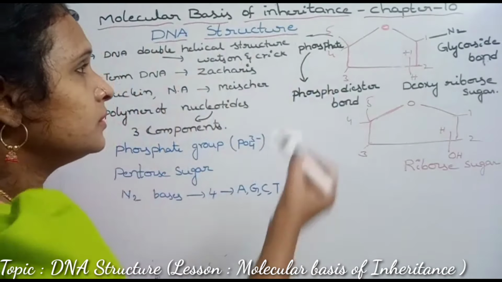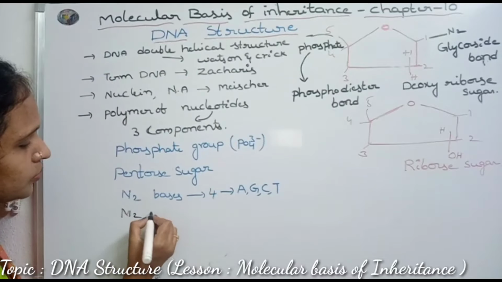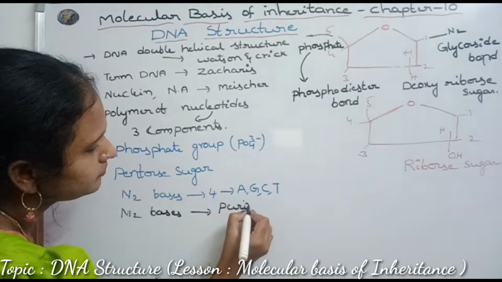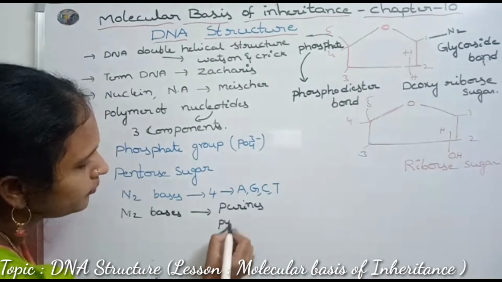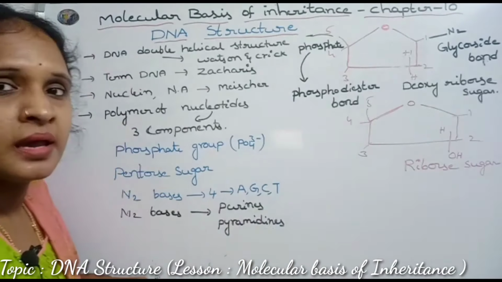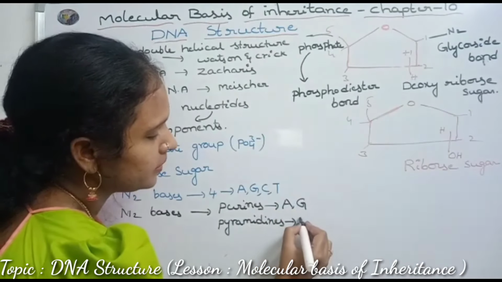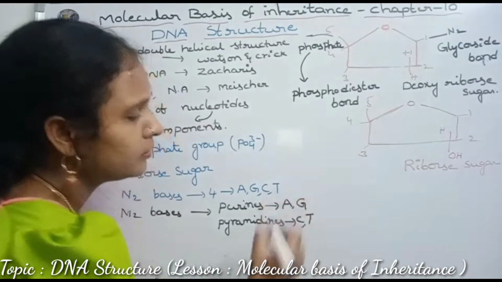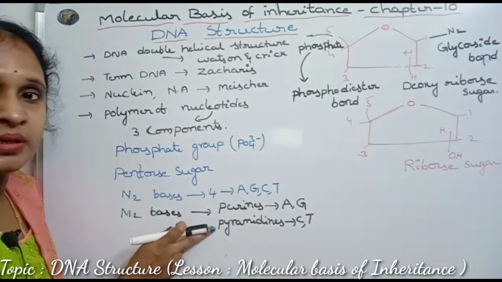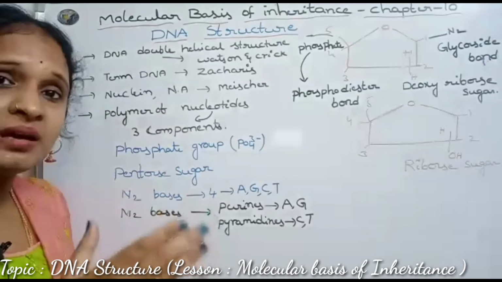Okay. Next, these nitrogen bases are of two types: purines and pyrimidines. Purines means A and G: adenine, guanine. Pyrimidines means cytosine and thymine. A purine binds with a pyrimidine. So a purine is always paired with a pyrimidine.